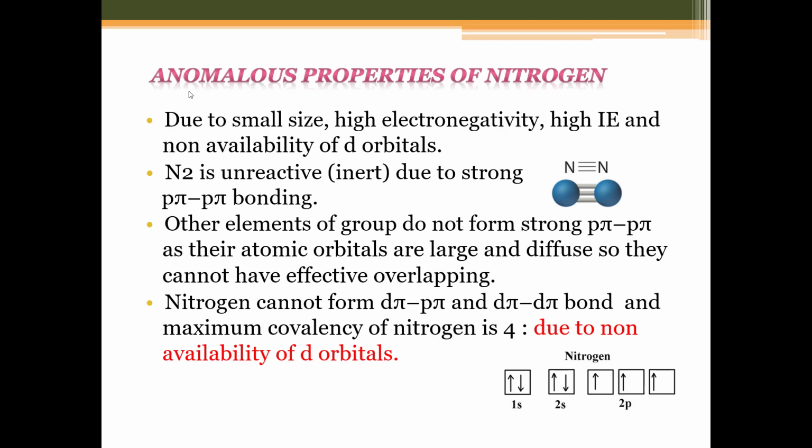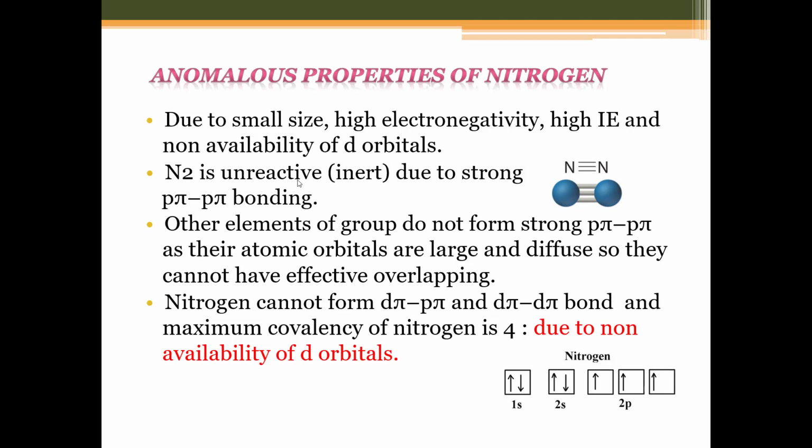Now, we shall talk about the anomalous properties of nitrogen, which means the unique behavior of nitrogen with respect to other elements of the same group. These unique properties of nitrogen are due to its small size, high electronegativity, high ionization enthalpy, and non-availability of d orbitals.